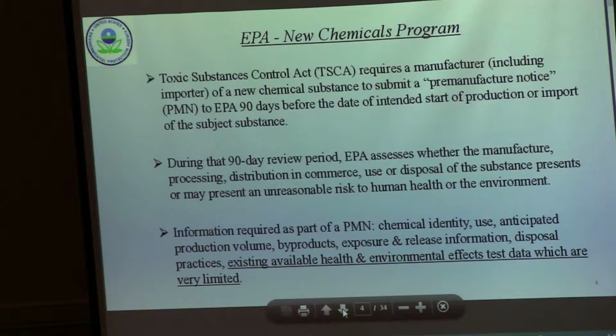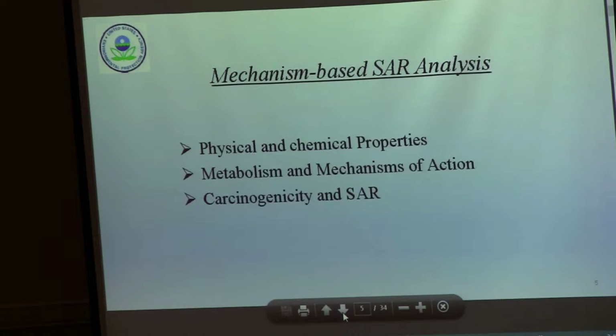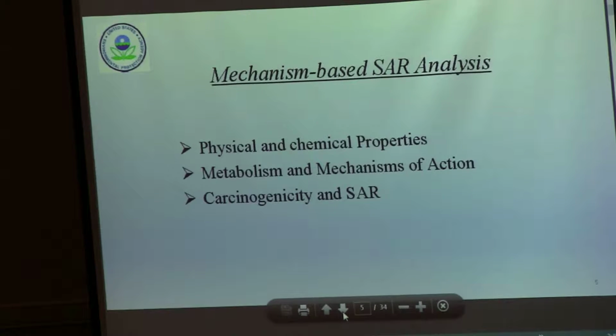And each year, EPA receives about 1,000 new chemical PMN applications, and without carcinogenicity data, EPA relies on something called mechanism-based structure-activity relationship analysis to evaluate the carcinogenic potential of the chemicals.